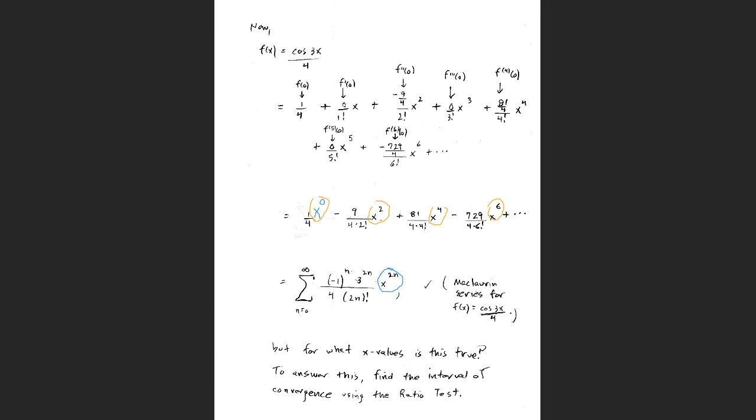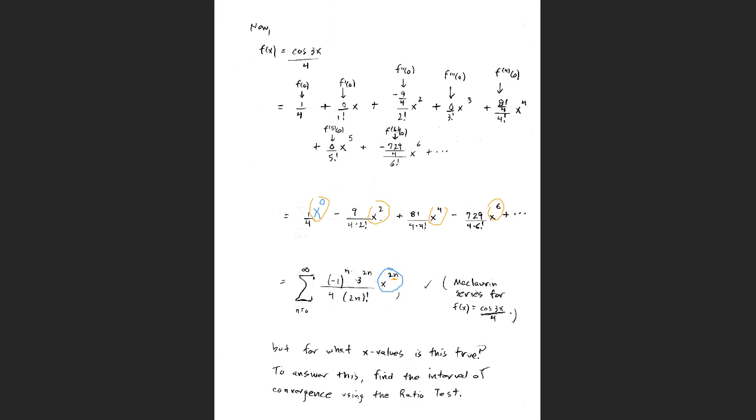I don't want to have an odd power there. So if I take x and raise it to the 2nth power, that will ensure that as the index n goes from 0 to infinity, every non-zero term in the power series is going to have an even power.